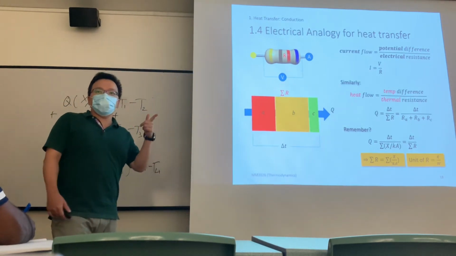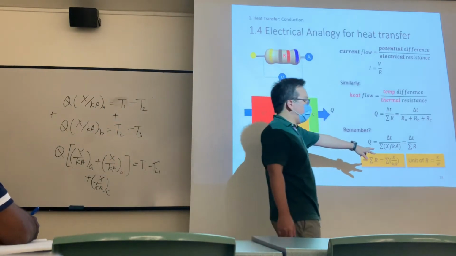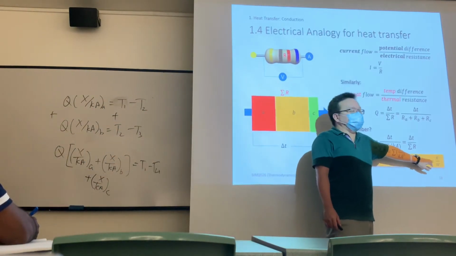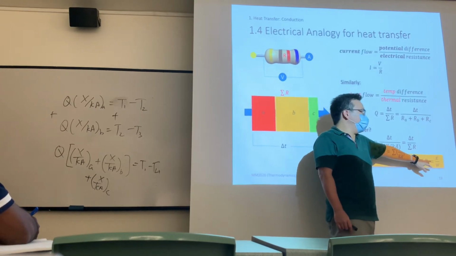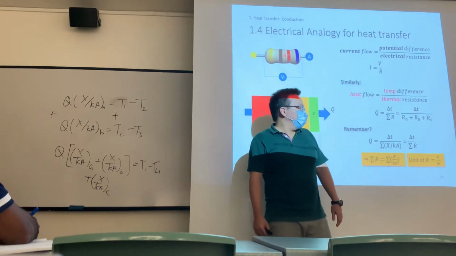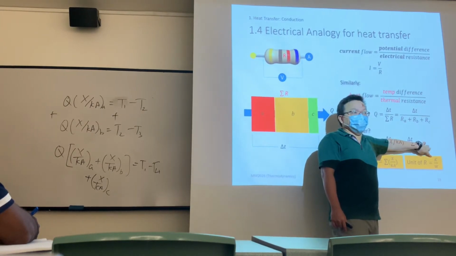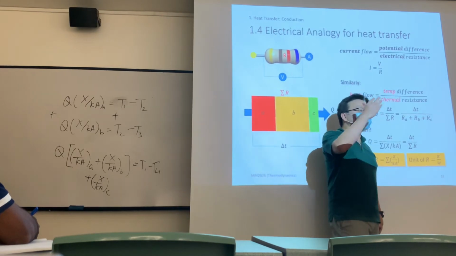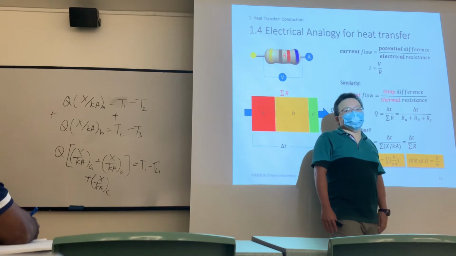Okay, if you want to tell me the units of R, I won't be penalizing you on this if you don't write in the exam, because I think it's a bit hard to remember. K over W. Which is, K is not thermal conductivity, is what? K is what? Kelvin and temperature.